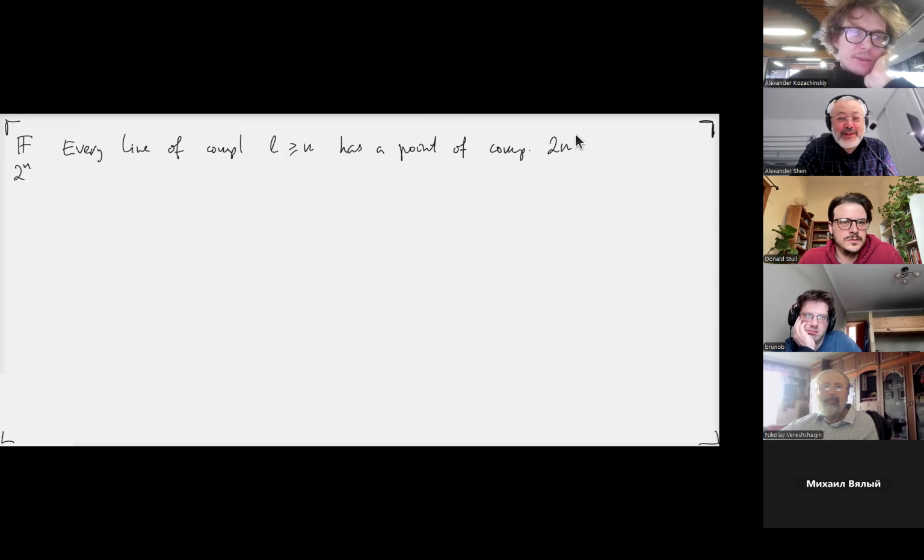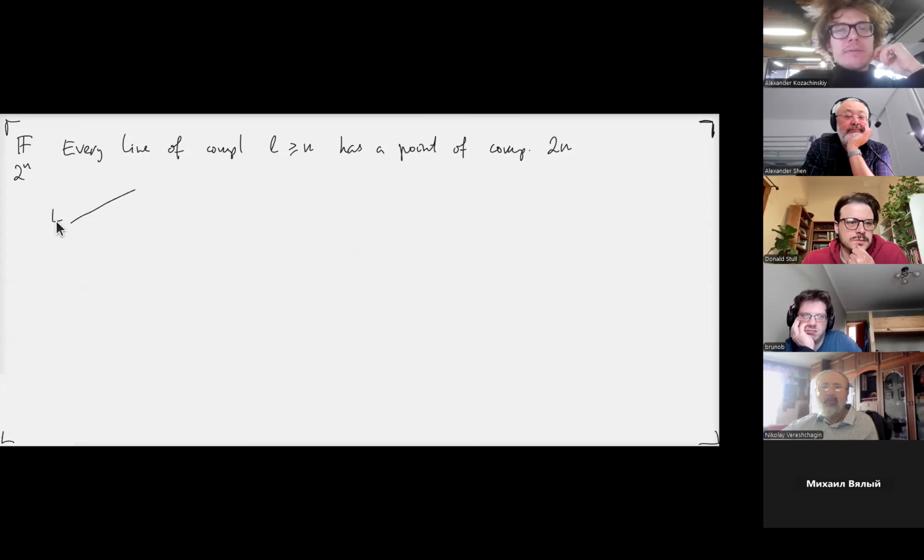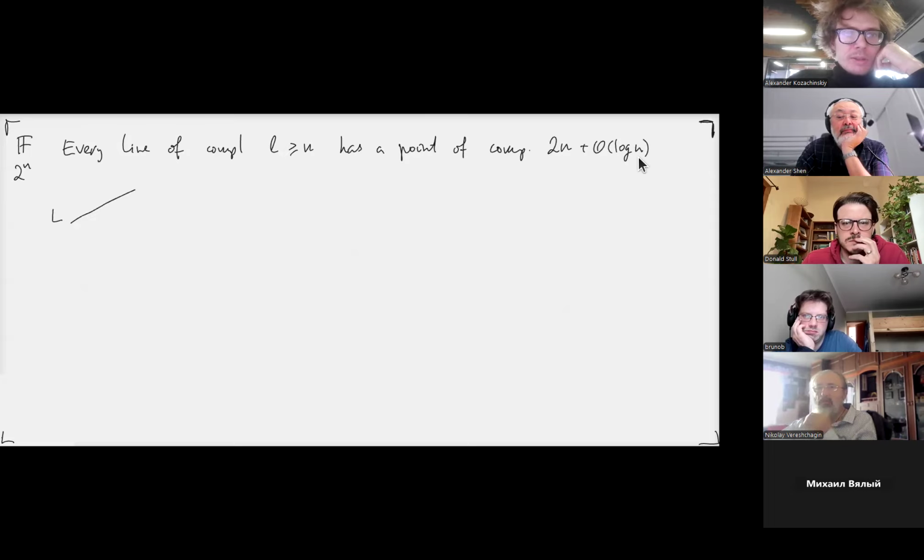So you wanna say that, and as usual, you assume logarithmic precision. So let's consider a line that only has simple points. And we want to say that probably because of some expander properties, there are few of them, and then we obtain a contradiction that there is a complex line. Assume not, you say.